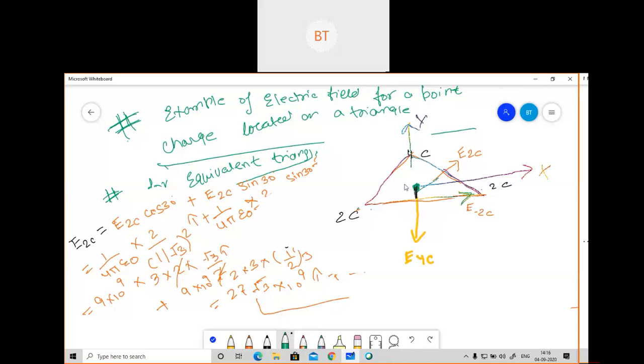Now we have to make two lines here. This will be 30, 30, and this will also be 30. These two angles will be 30.